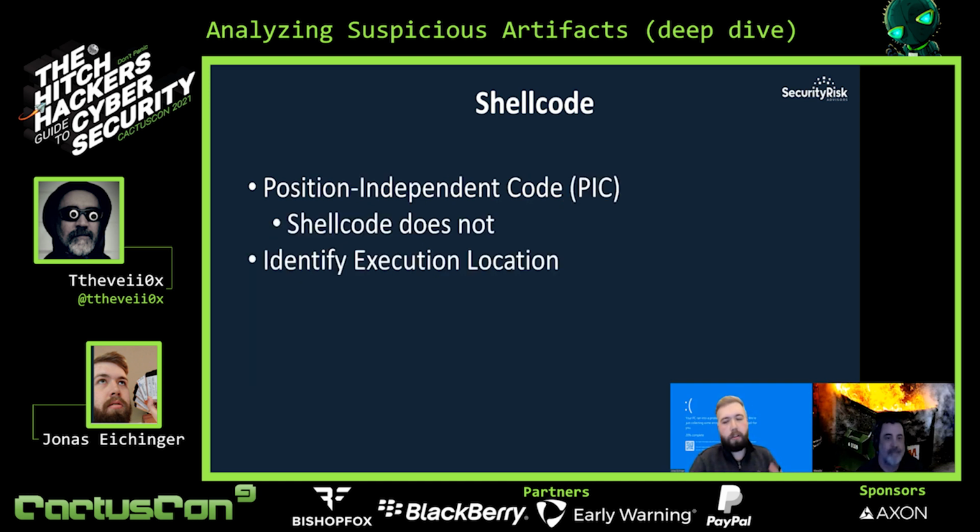And if we look at shellcode from a technical perspective, right, we're looking at position-independent code. So the shellcode, when it gets executed, it can't always assume that it's going to be executed from the same block of memory. It's going to be injected at different times into different types of applications, and so it's going to be hard-coded for that instance.